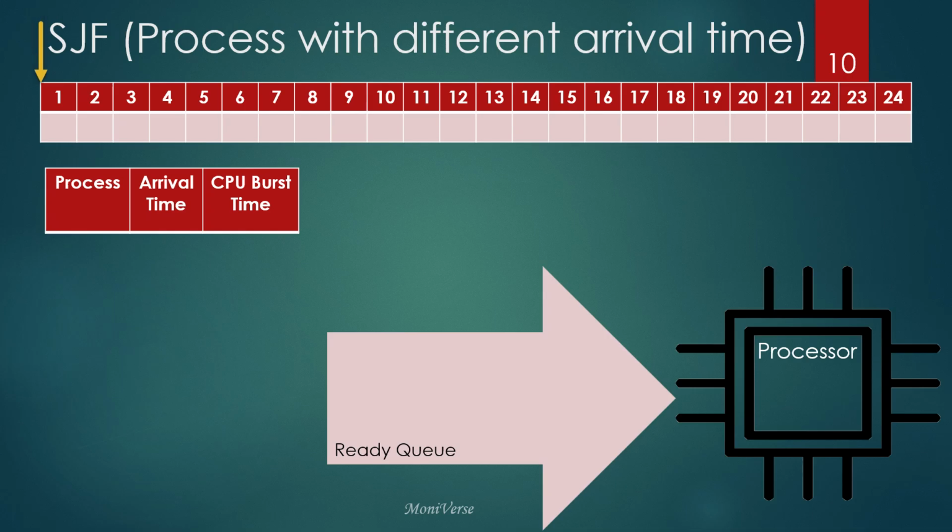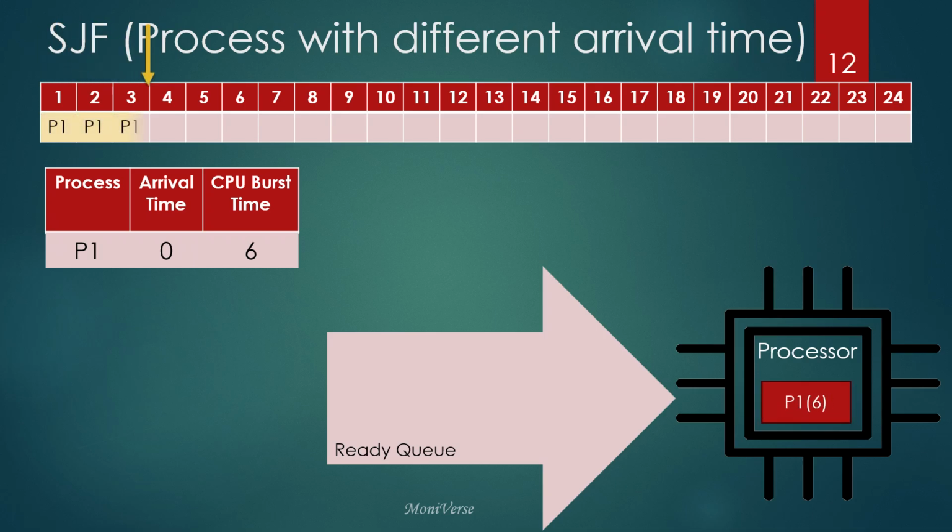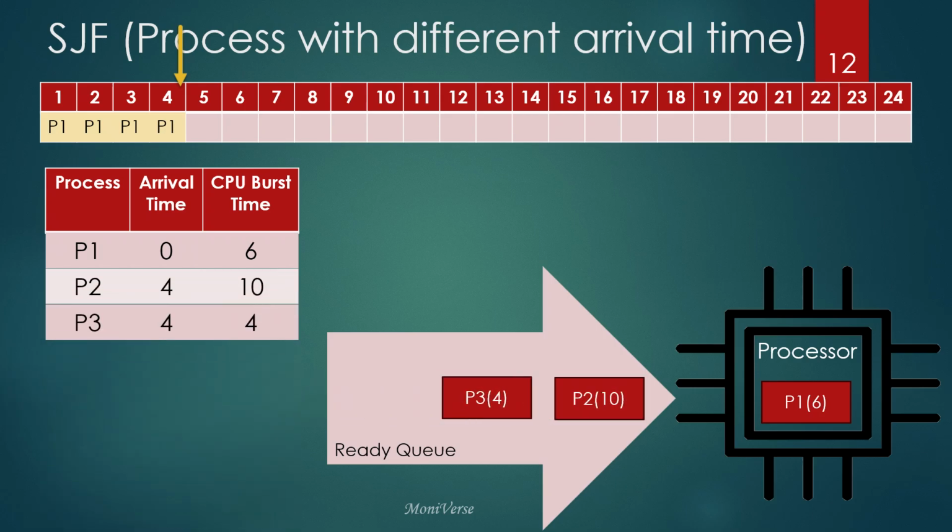So now let us see at time 0, the process P1 arrives into the ready queue with a burst time of 6 units. So now the processor is idle and the process P1 enters into the processor. And it is being executed for 4 units of time. At that time, another process P3 enters into the ready queue.